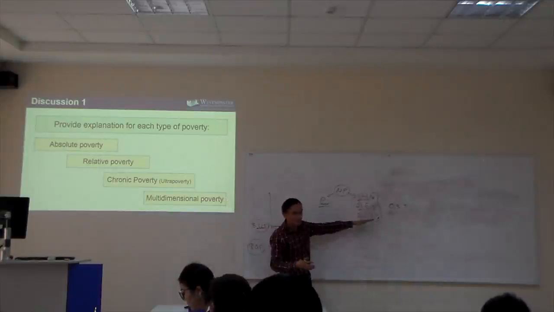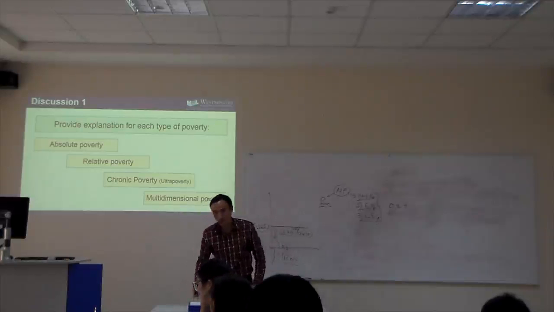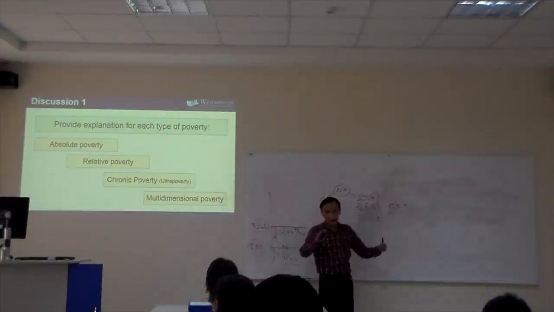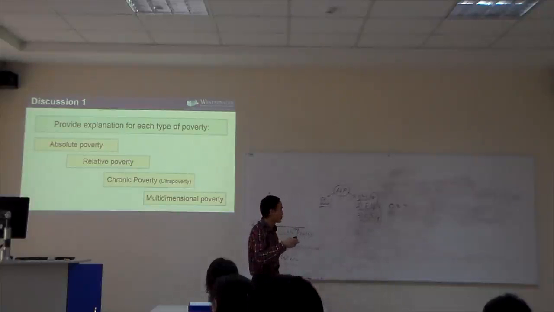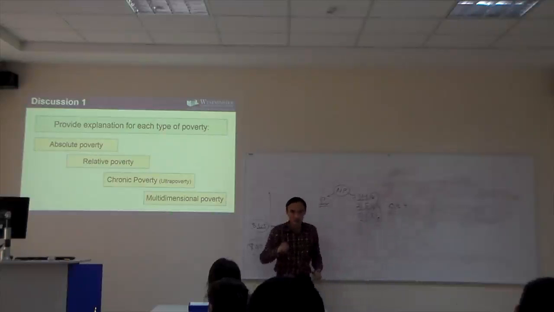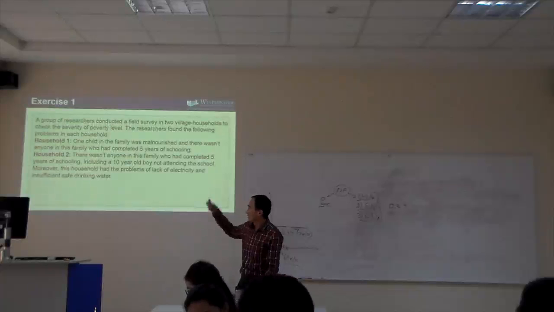It's possible. We cannot say that that household is multidimensionally poor. If it's less than 0.3, then we cannot say that household is multidimensionally poor. To consider that household as multidimensionally poor, that index should be greater than or equal to 0.3. Okay, here's an exercise.